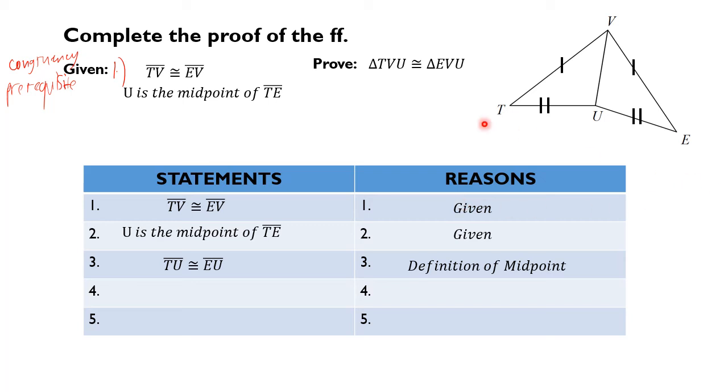If they are sharing common side, reflexive property. And upon checking the diagram, they are still sharing common side. And you just have to identify those sides. Side VU is congruent by itself. Of course, side VU by reflexive property. Simple as that.